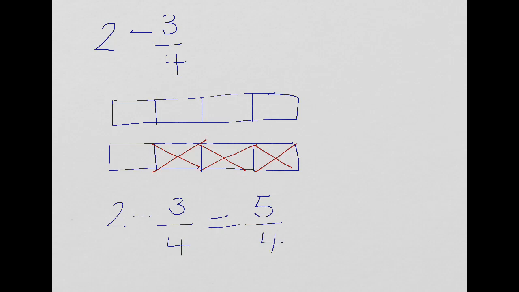And that's my answer as an improper fraction. Remember, my numerator is larger than my denominator, and it's an improper fraction because it's more than 1 whole. I could write this answer as a mixed number if I was asked as well, because that would be 1 1/4.